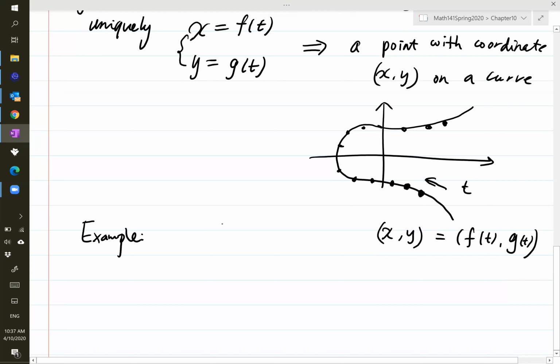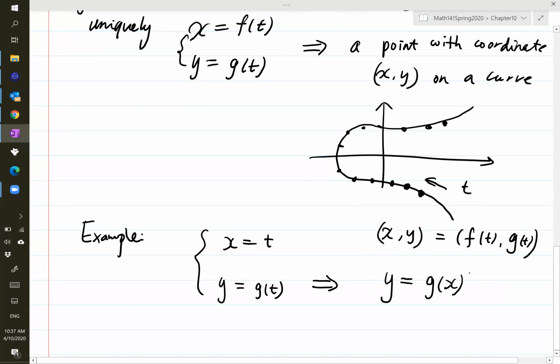Now for example, a special case: x is simply t, and y equals g(t). Substituting t by x, we get y equals g(x).